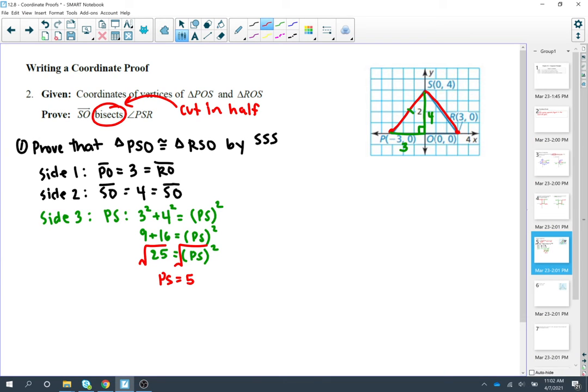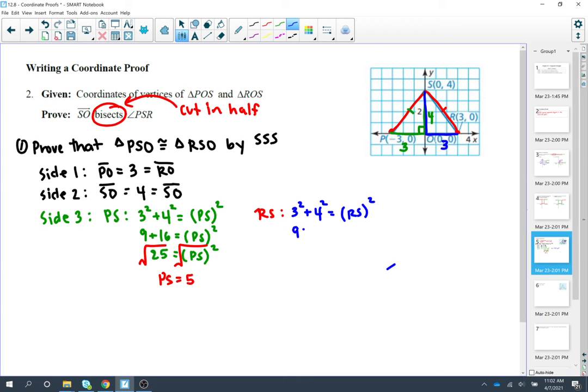Now I have to show that PS is congruent to RS over here. So now RS, I'm going to do the same thing. So I'm going to drop this guy down. I'm going to drop this guy over. I know that this is 3. I know that that's 4. So 3 squared plus 4 squared equals RS squared. This should look very, very familiar.